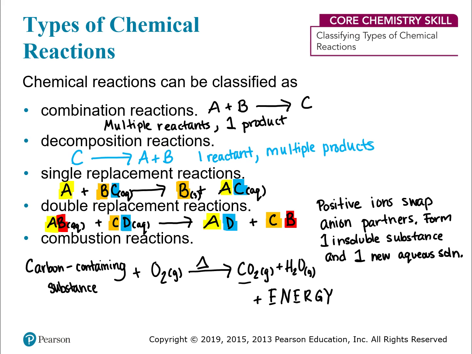And that energy is what propels your car forward, okay? So when you think about a combustion reaction, think about a car engine. You'll need to identify reaction types based on these descriptions.